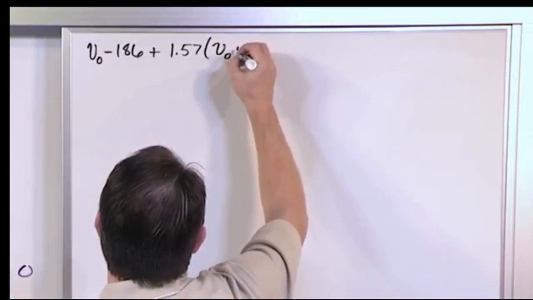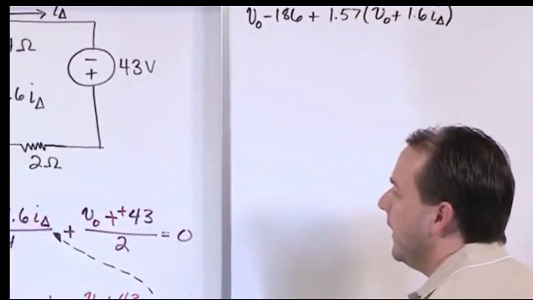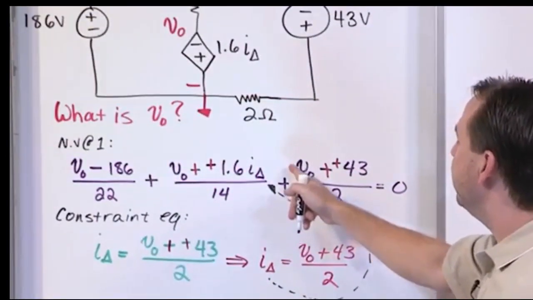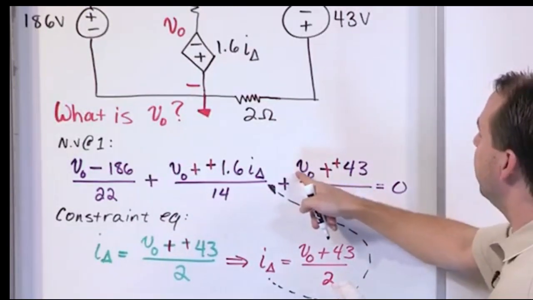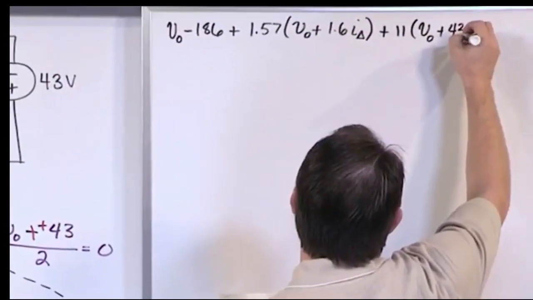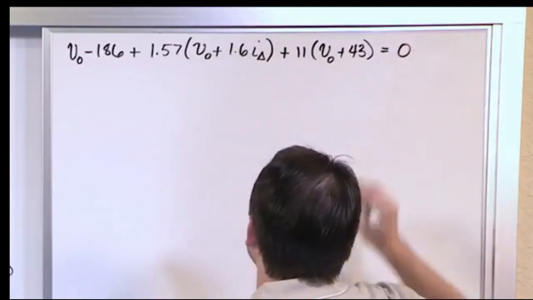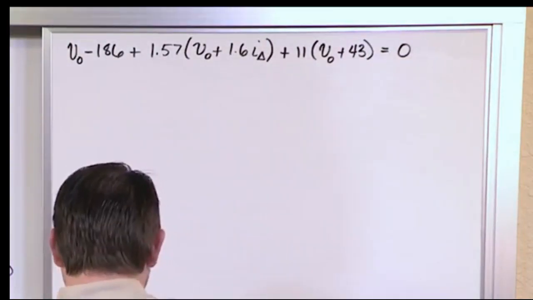Now when we multiply this term by 22, 22 divided by 2 is 11. So we'll have 11 open parentheses, and what we'll have in the top is V naught plus 43. And all of that is going to be equal to 0. So it's a little bit ugly, but in this case it's unavoidable.